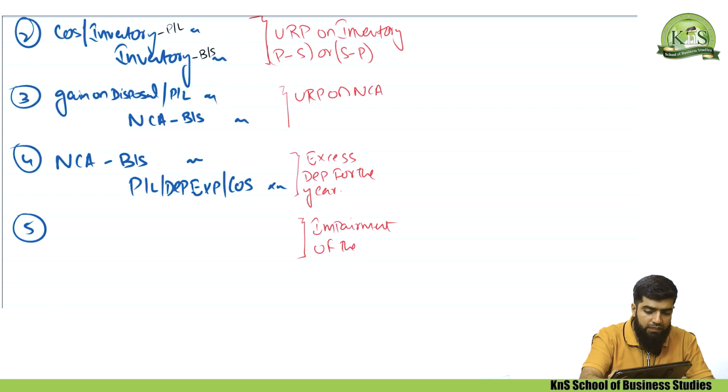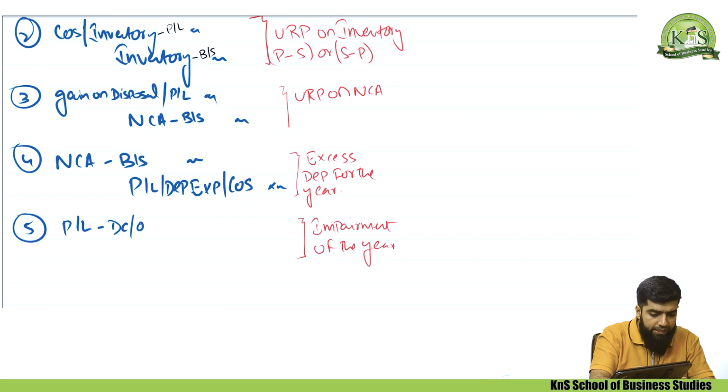Impairment for the year. Current year impairment will be adjusted, and the accounting entry would be P&L or operating expenses or distribution cost will be debited, and obviously goodwill will be credited. That goodwill will definitely affect the balance sheet side, which we are not discussing right now.